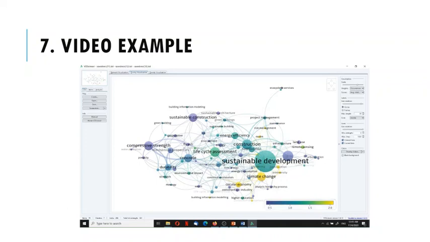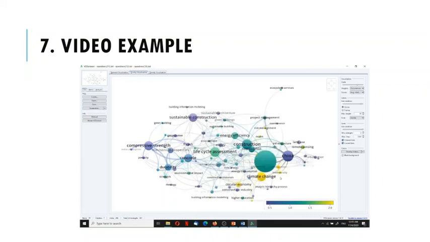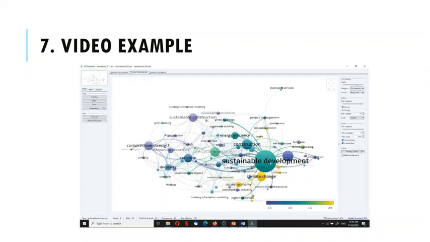So here we can see that compressive strength has lesser average citation compared to climate change, which has higher average citation. Okay, so this is overlay visualization.